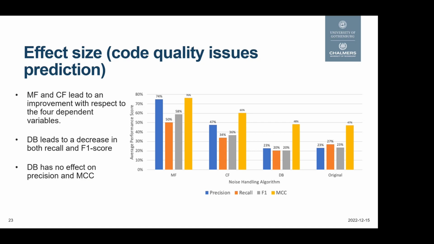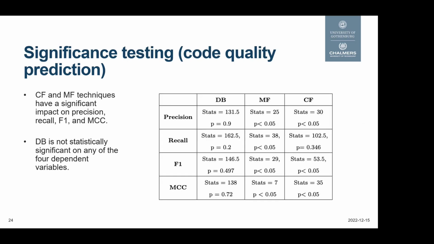If we look at the mean performance scores now, all of the dependent variables increase when using the MF and CF, but they did not pretty much change when using the DB algorithm. So DB basically had no effect on precision and MCC, and the others, the MF and CF, led to an improvement with respect to the 4 dependent variables.